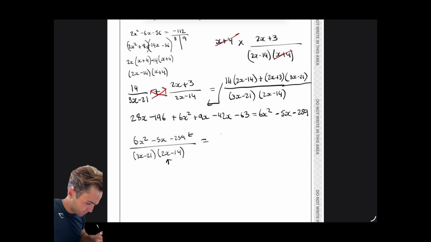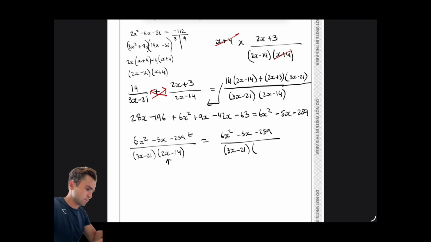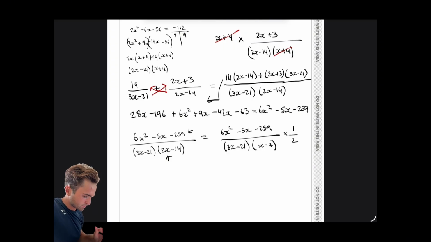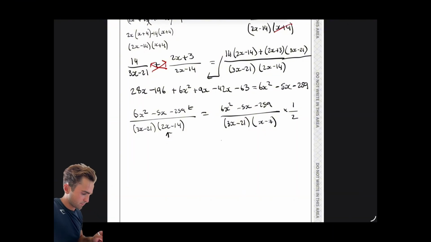So let's just make that equal to 6x squared minus 5x minus 259 over 3x minus 21, and then x minus 7, right? And then we can times this by a half or whatever, because we divided by 2. Yeah, because we have another 2 that we've factorised out.